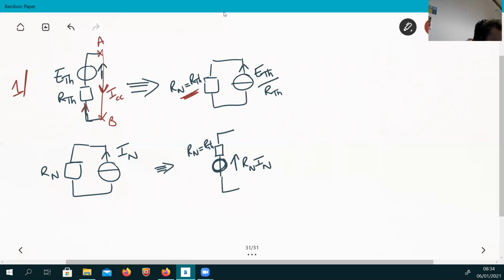Then I turn back on ETH, link both A and B, and now look for the current ICC. If you go like this, you will find that ETH, because of the mesh law, equals RTH times ICC.